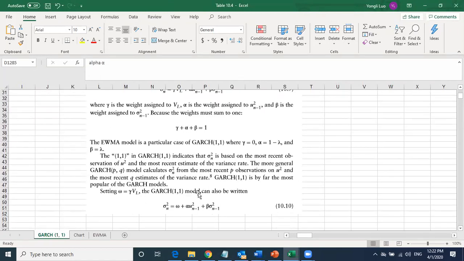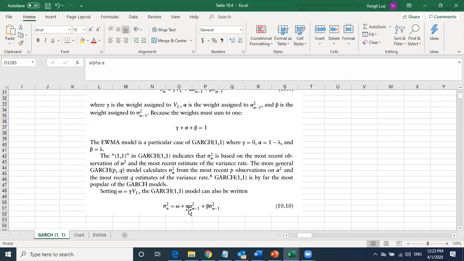So in the GARCH 1,1 model, the volatility is omega plus alpha, which is the coefficient of the return. The mu squared is the squared return. The beta is the variance of itself, the previous variance. We only lag one period, that's why it's GARCH 1,1.